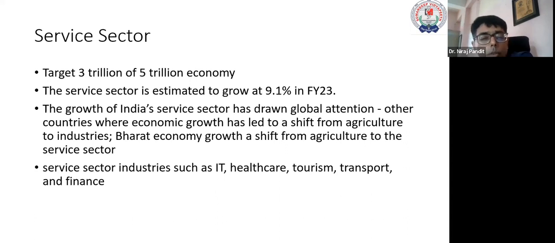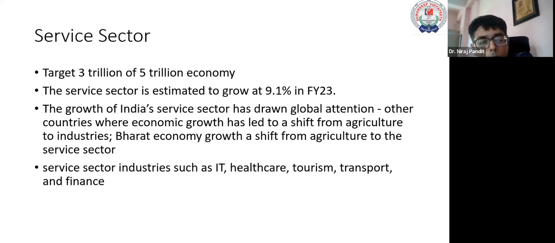But see, Bharat's economic growth shifted from agriculture to the service sector. We are focusing more on the service sector, not so much on industry. No doubt, we have a target on industry and manufacturing also. This is also very important to go towards a developed India by 2047.